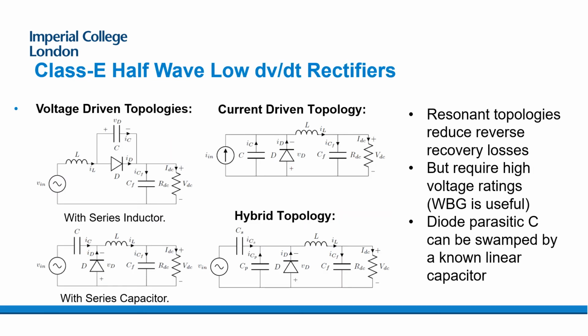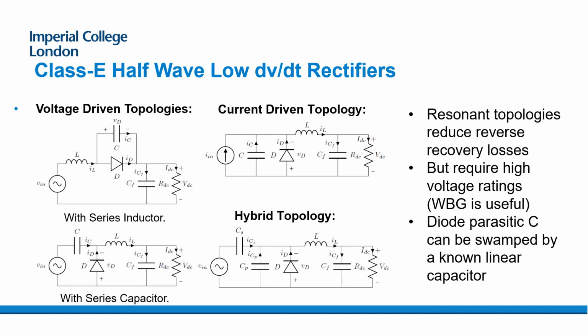So what we might then choose to do is to use a low DVDT rectifier, introducing the idea of resonance into the rectifier. These are class E based topologies that you see on this slide, and one of the things that you will notice here that is quite useful to us is that frequently these topologies end up putting a capacitance in parallel with the diode.